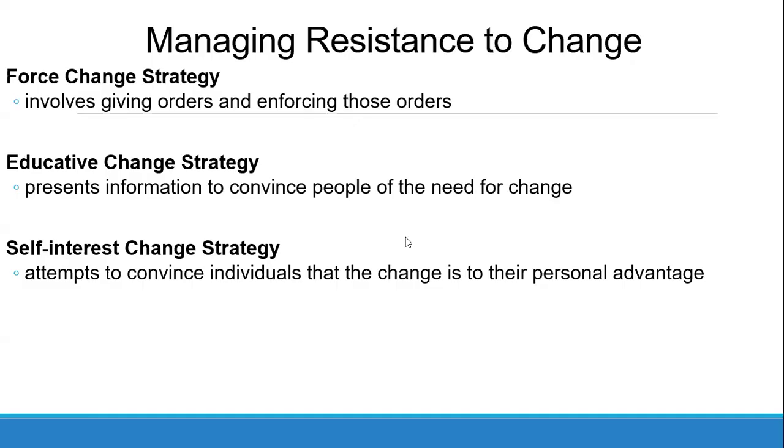So we usually use the force change strategy to achieve compliance and also to maintain authority. It is normally employed when there is the need for quick action to be taken, and if such actions are not taken, it can put the organization in negative disrepute. In such circumstances, you may entertain the force change approach.